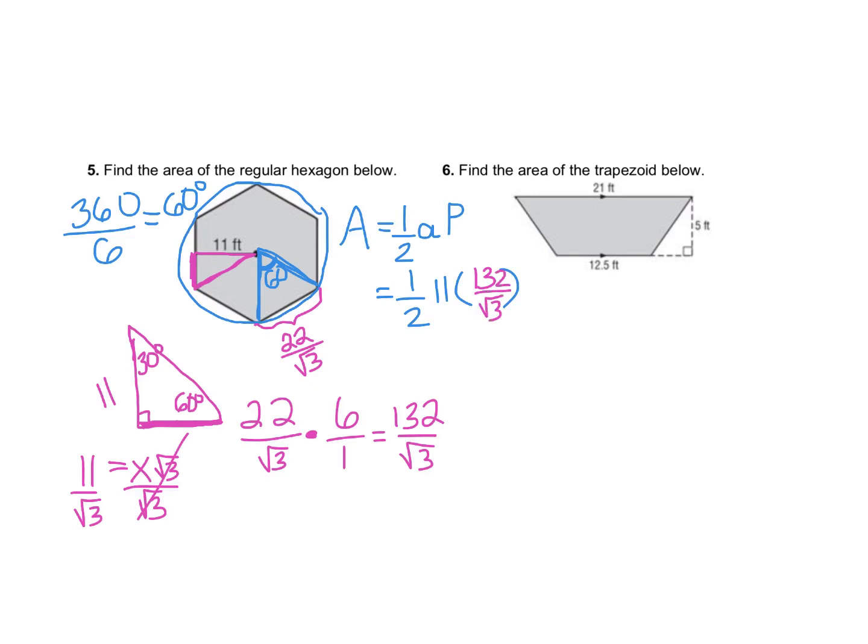So now I have all of the numbers that I need in order to solve this problem. So let's go ahead and work it out. So here I could take half of 132 since that's an even number, so that'll be easier to cut in half. So that would be 66, right?